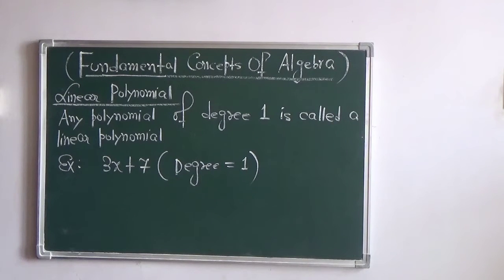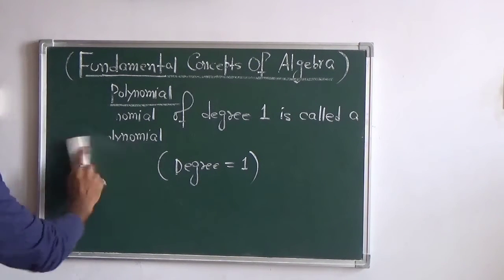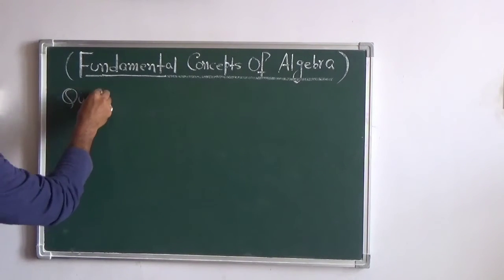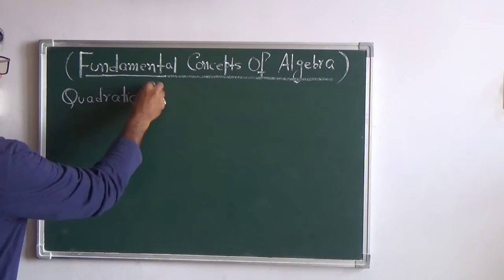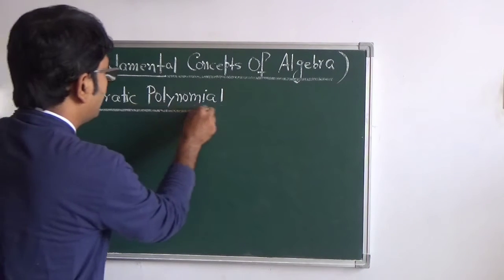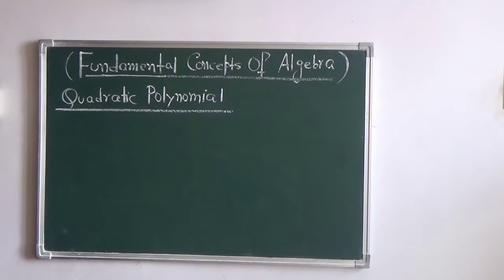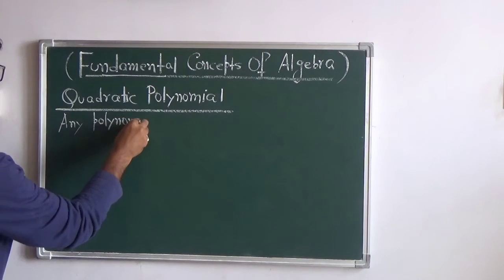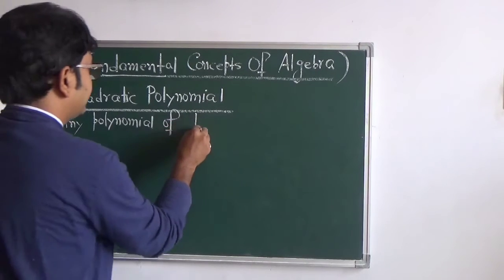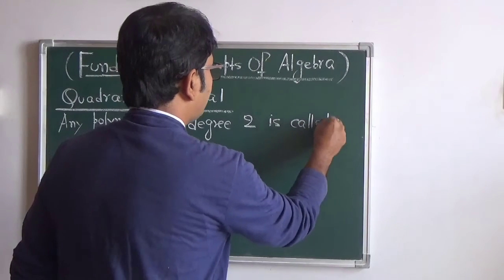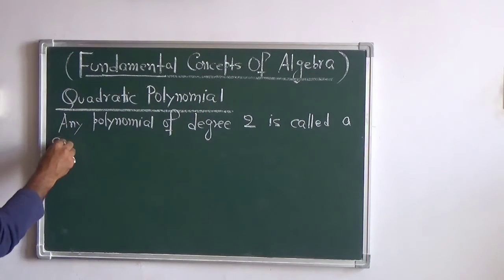Next is quadratic polynomial. So quadratic means the power 2. So here we write any polynomial of degree 2 is called a quadratic polynomial.